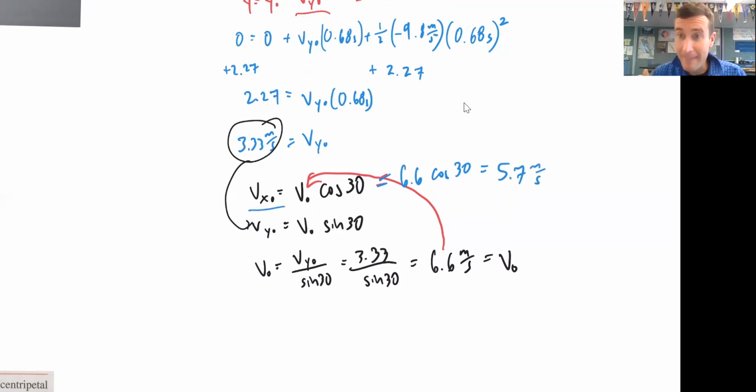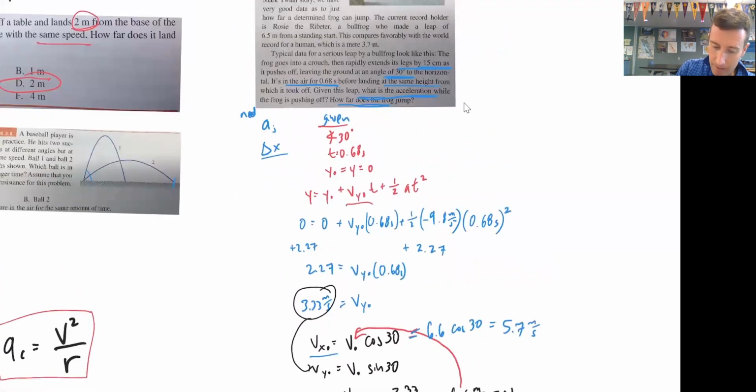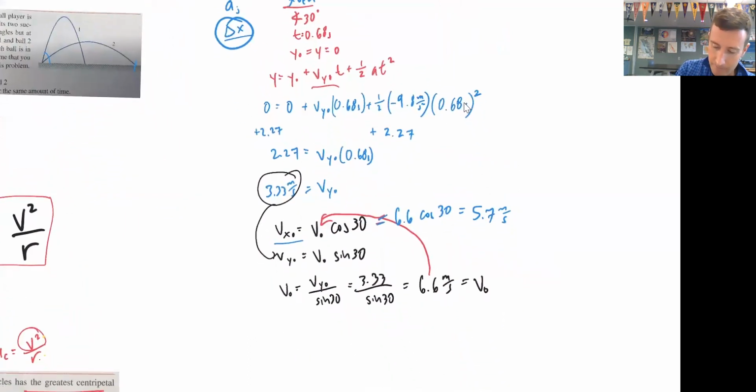So I'm getting there. Now I've got my x component of velocity. I have my time. So now I can finally go and find my horizontal distance.